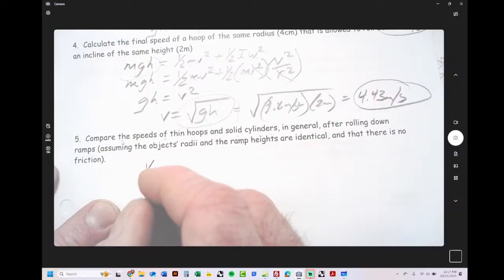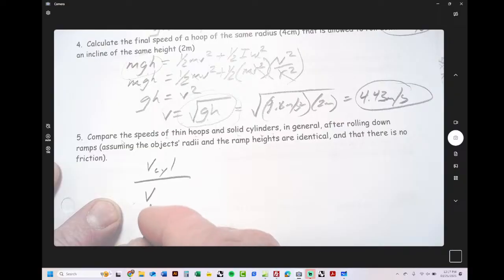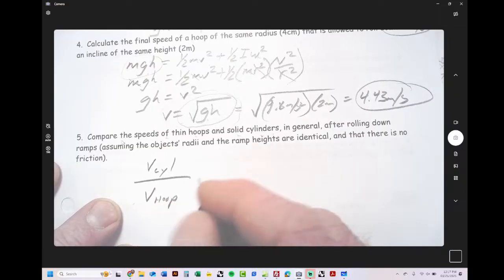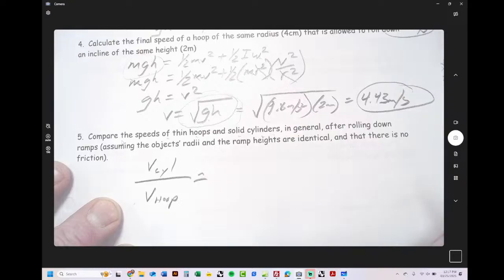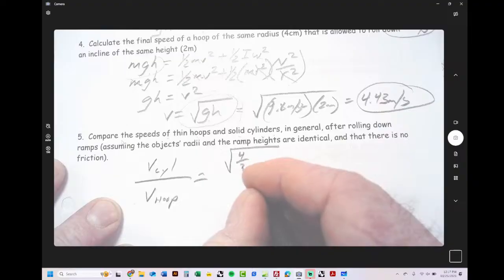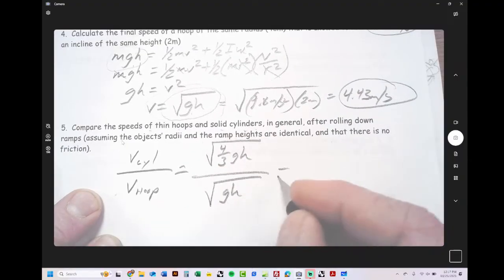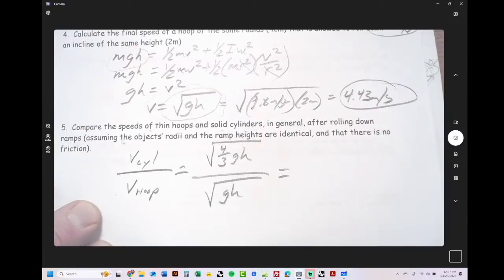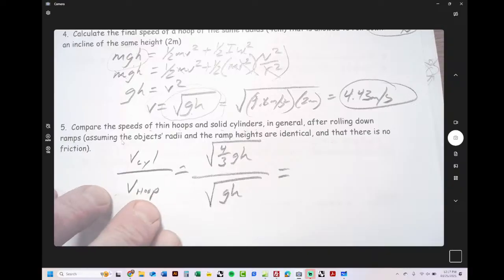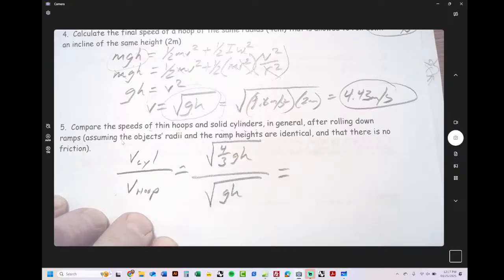So if we divide them, the velocity of a cylinder divided by the velocity of a hoop, after rolling down a ramp of height h, we get the square root of 4/3 gh divided by the square root of gh, which equals what? What's the ratio there? What is root 4/3 gh divided by root gh?